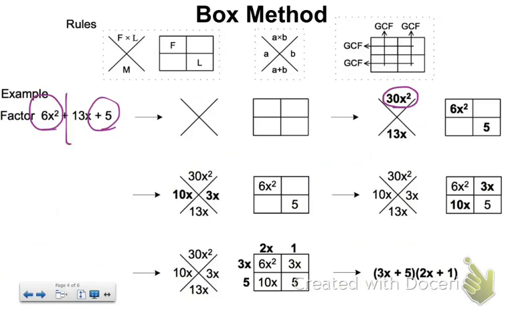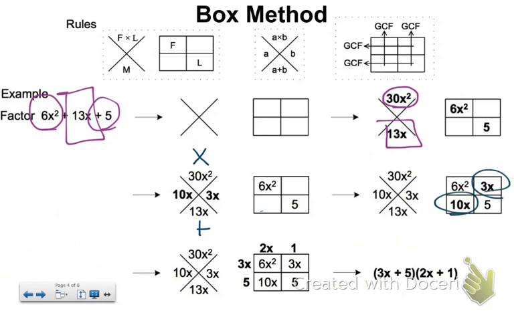Then you take the middle term, and that goes in the bottom part of the v. And now you're just looking for two terms that when multiplied together give you the top part of the v, and when added together give you the bottom part of the v. And then they just go in the two parts of the box that we haven't filled in yet.